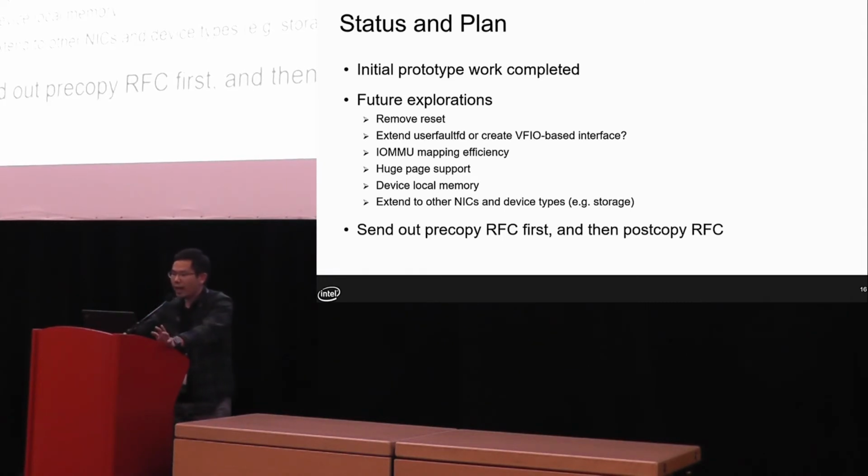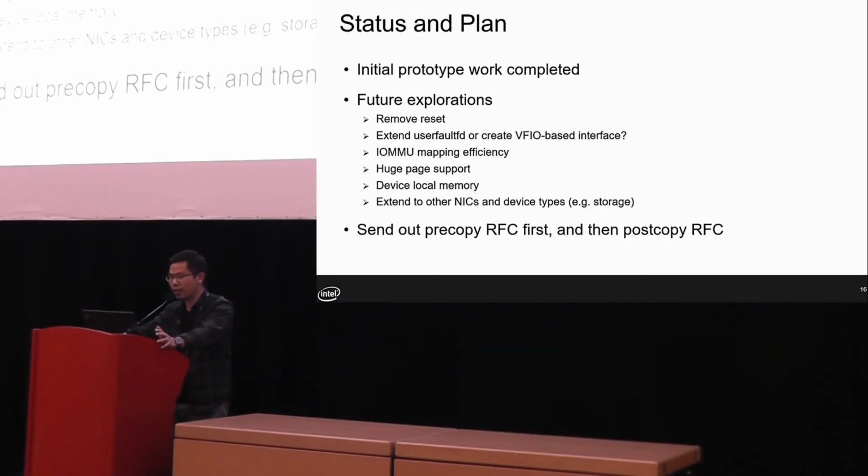This design and the performance numbers are based on the initial prototype. In the future, we will continue to explore in several directions. The first one, remove reset. Second, extend userfaultfd and create a VFIO-based interface.